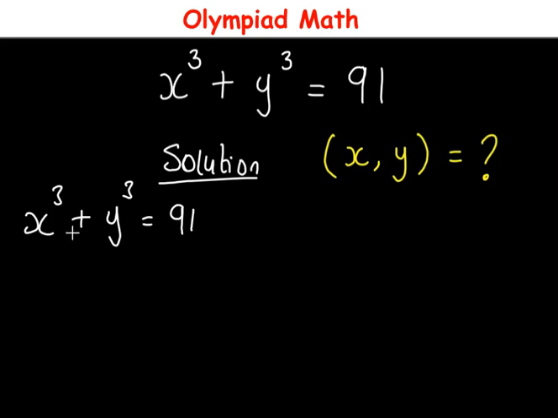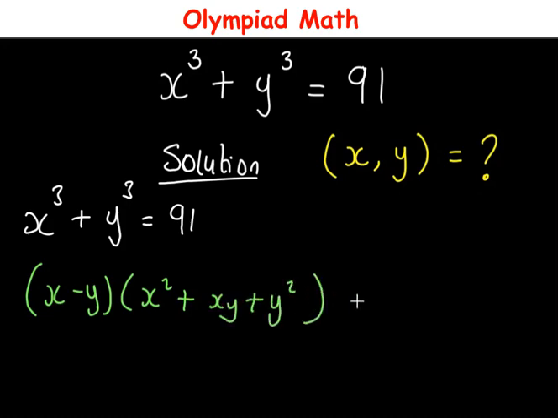Looking at this, we have the sum of 2 cubes, which can be expressed as in bracket x minus y multiplied by x squared plus xy plus y squared, and this equals 91.